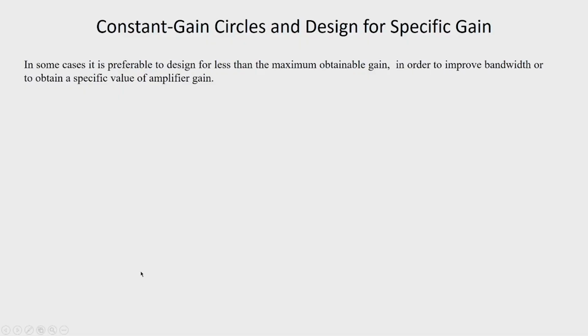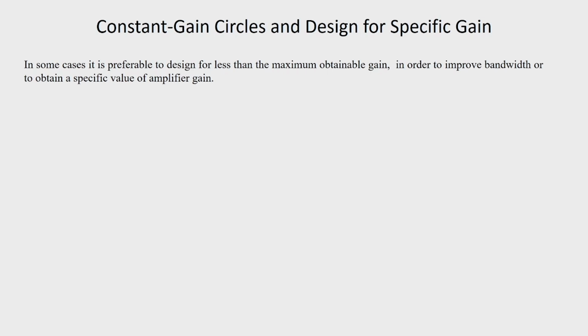Now, we have discussed how we can design an amplifier for maximum gain, but in certain applications it may be preferable to design for less than the maximum obtainable gain.